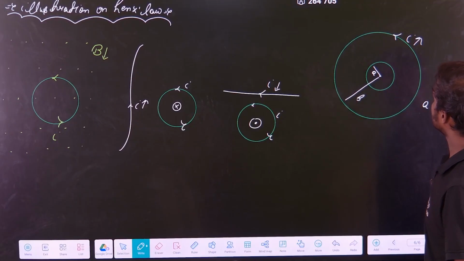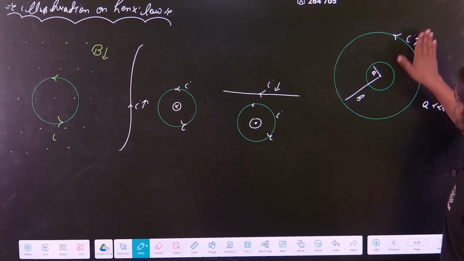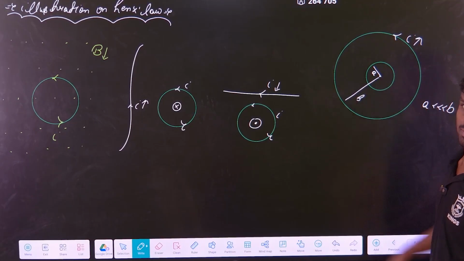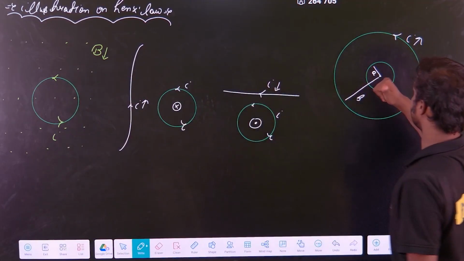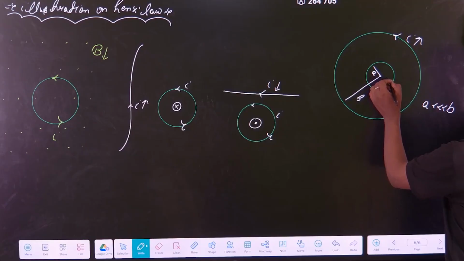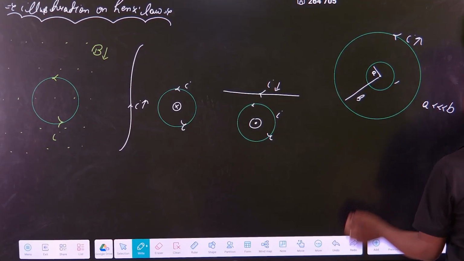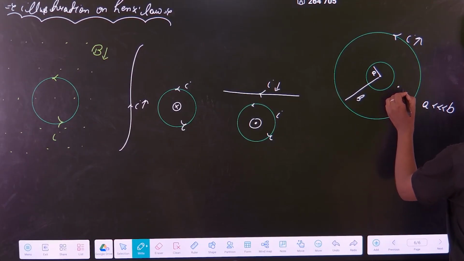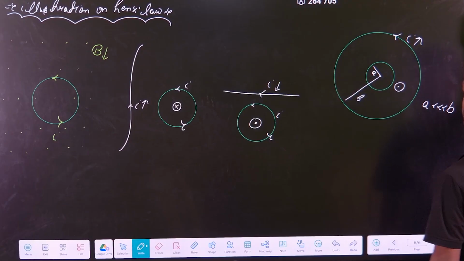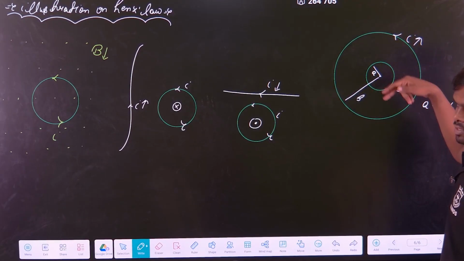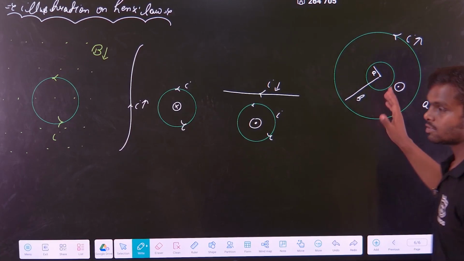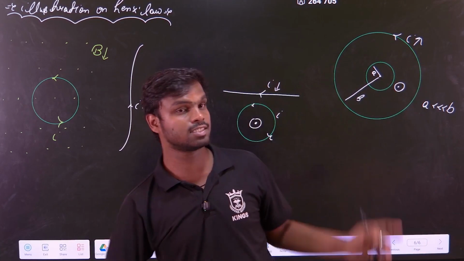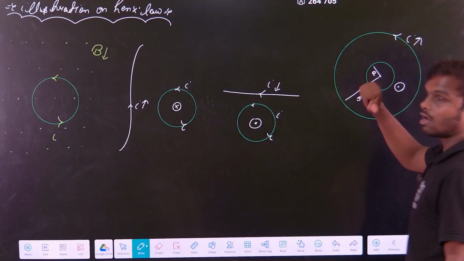Similarly here, the current is increasing, so what will the magnetic field at the center be? First of all, what is the direction? The direction will be outward, that is very much clear to you. Now the current is increasing, so obviously the magnetic field is increasing, in the outward direction.